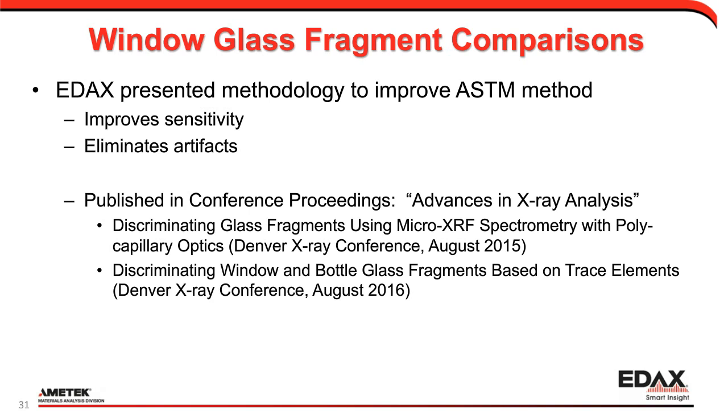There's a couple of presentations that I gave at the Denver X-ray conference last year in 2015 and also this year in 2016. These presentations are published in the conference proceedings, which are called the Advances in X-ray Analysis.